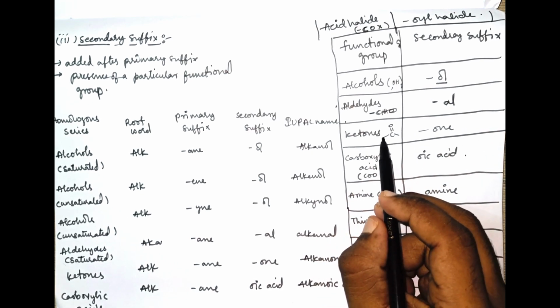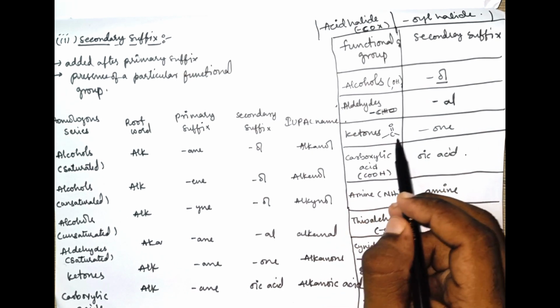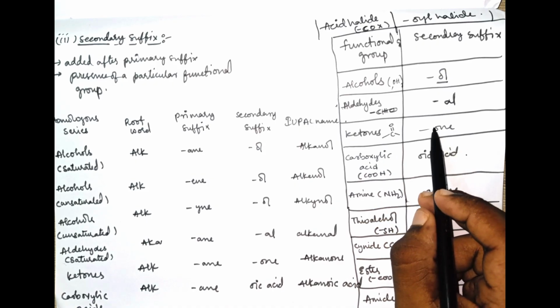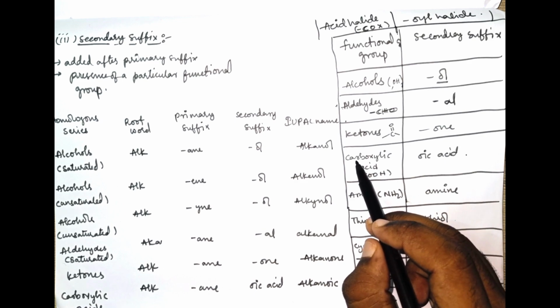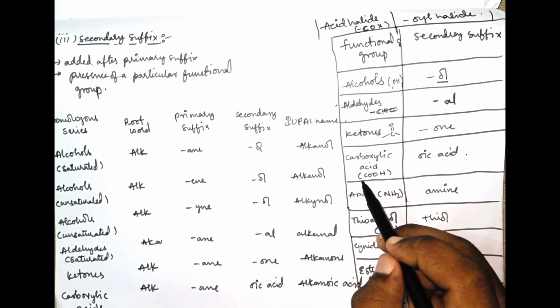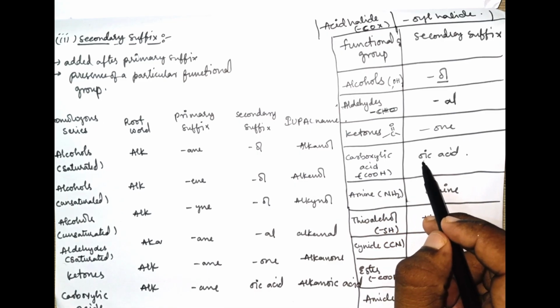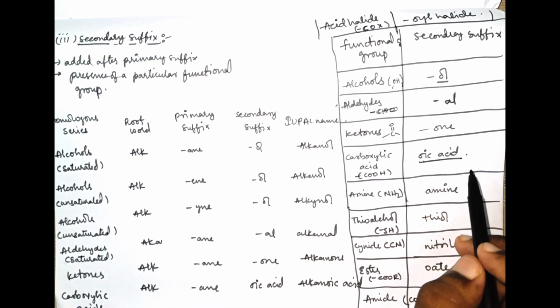As for ketones, C double bond O is the representation for the functional group, and the secondary suffix is -one. And for carboxylic acid, the representation is COOH, and its secondary suffix becomes -oic acid.